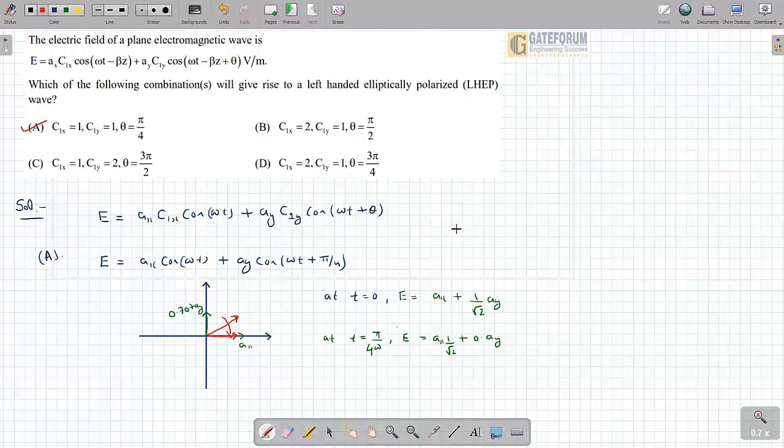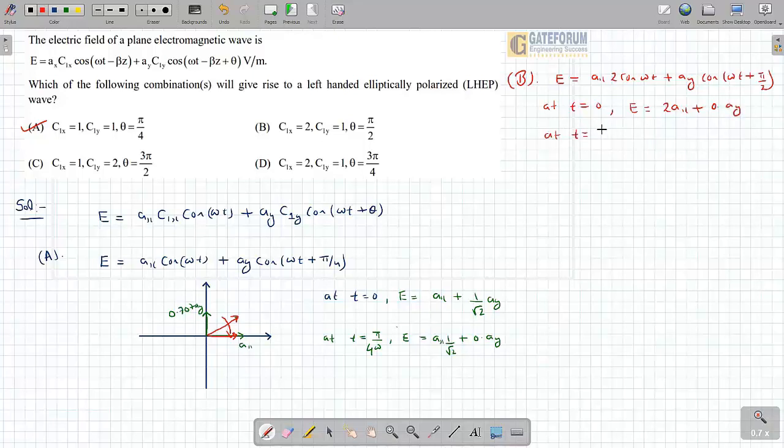Now coming to option B. I will directly write E is 2Ax cos omega t plus Ay cos omega t plus pi by 2, right? So at t equal to 0, the electric field equation will become 2Ax cos 0, and cos pi by 2 is 0 times Ay.